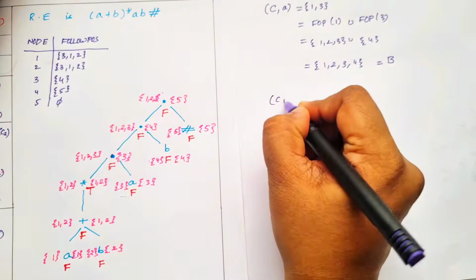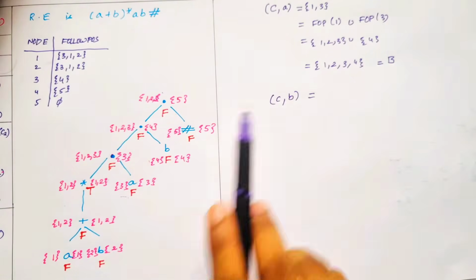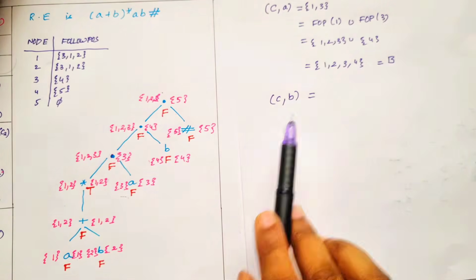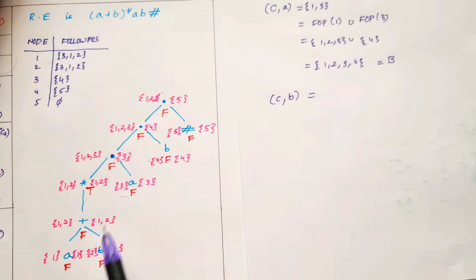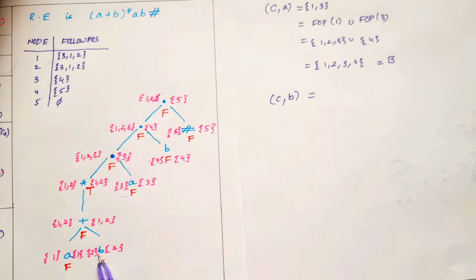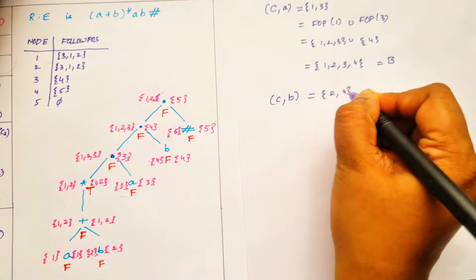Next, C on b. What is C? 1, 2, 3, 5. In the 1, 2, 3, 5 positions, where is b present? It is present in the 2nd and 4th positions. It is 2, 4.